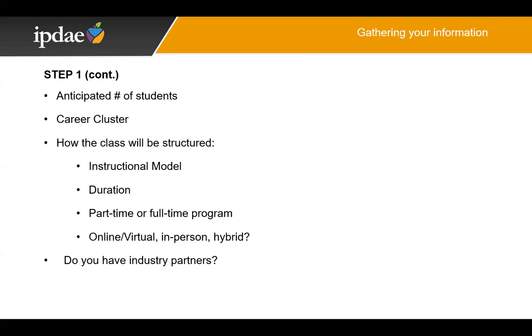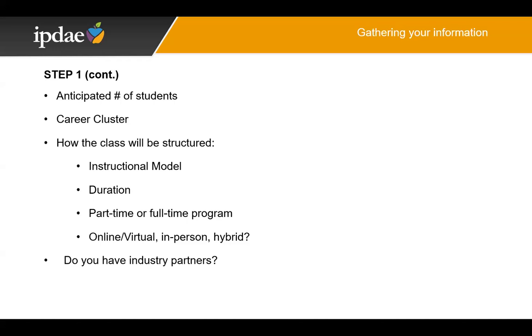So next, we're still on step 1. We need to supply the anticipated number of students we expect to have in the IET program. Not the whole year, but how many students do you anticipate having that first day of class? And then you're going to need to know the career cluster. I'm going to show that in the screenshot so that we have a better idea of what that looks like. And then for how the class will be structured, you'll need to think about your instructional model.